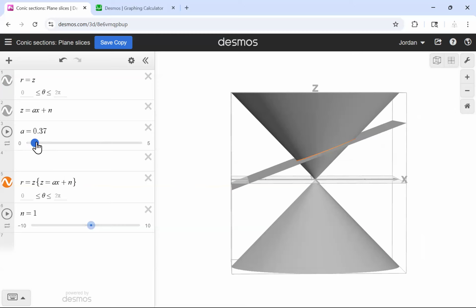Anywhere between 0 and 1, we have an ellipse. That ellipse stretches out more and more until we hit the value of 1. At the value of 1, we get a parabola. And then at a value greater than 1, we cut through both sides of the cone, and we get a hyperbola.